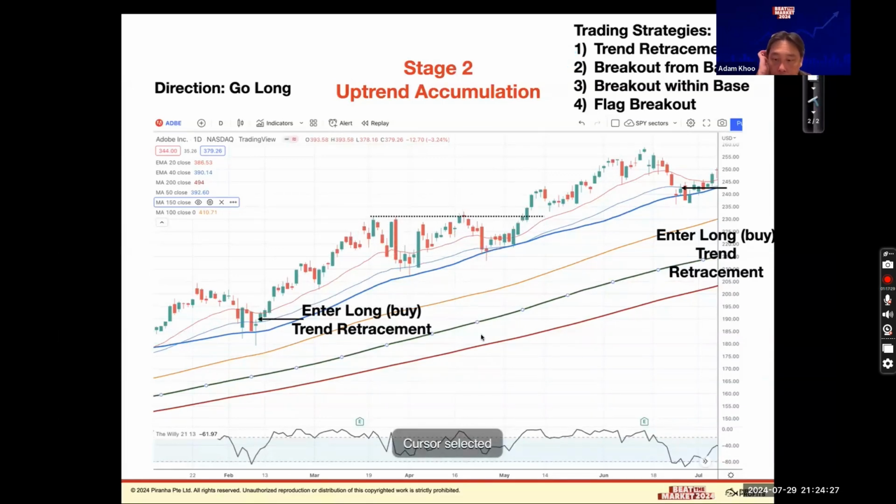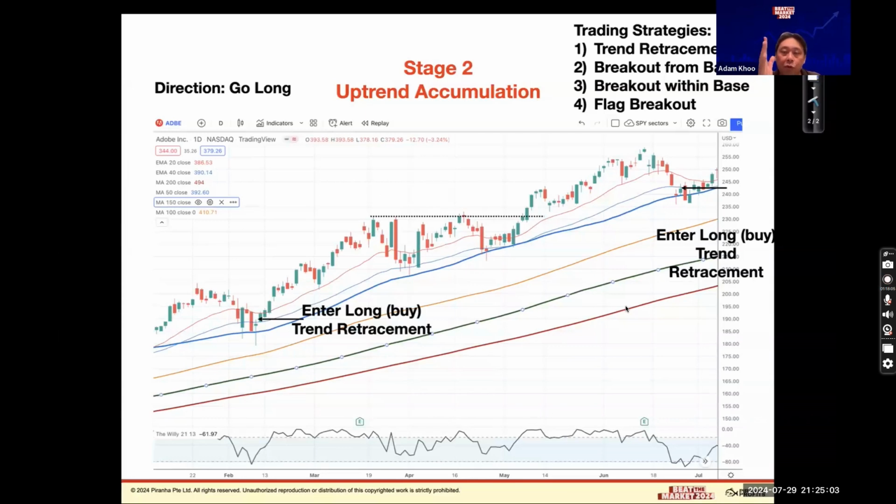Okay, so Duvel is asking, during a trend retracement, which moving average must it hit? It can hit any of the moving averages. It can hit the 50, the 100, which is this orange one, the 150, or the 200. But for me, I'll show you later that not only do I want the price to hit one of the moving averages, I must also see that the price hits a strong horizontal support level for me to be convinced that it's going to bounce.